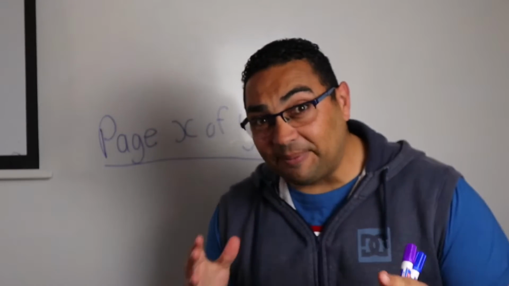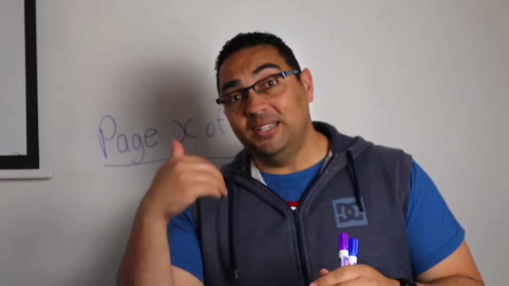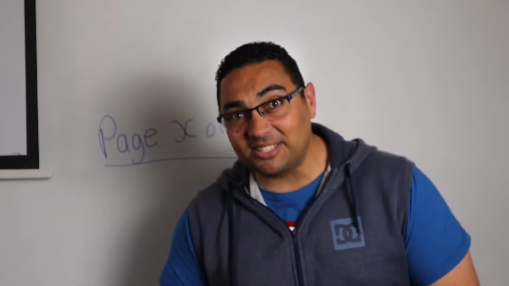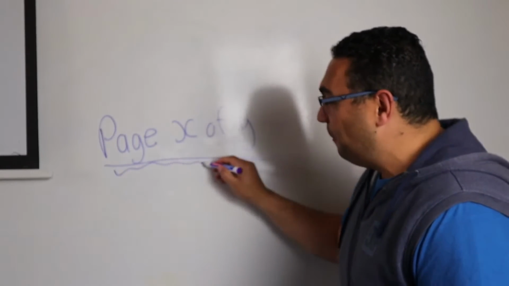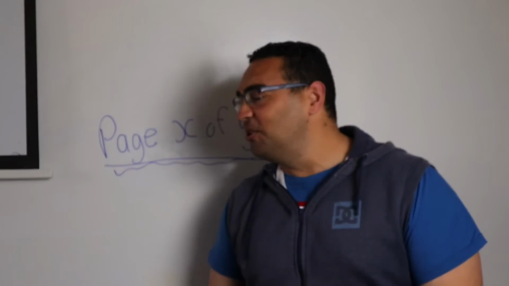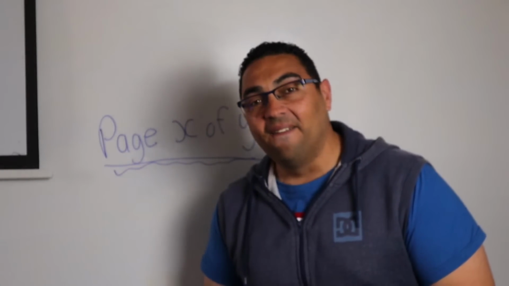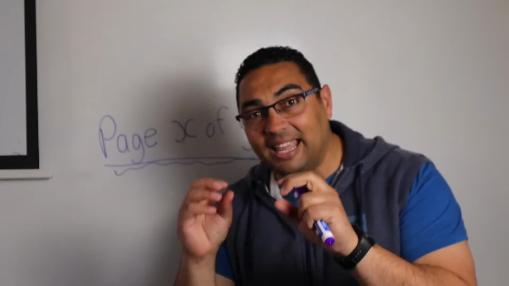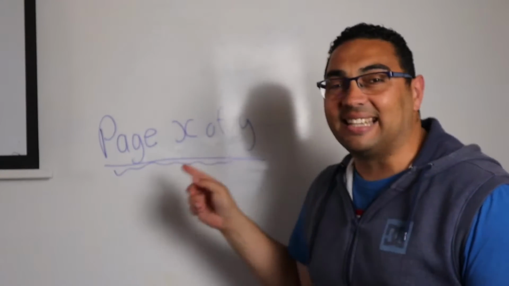Do you know what ends up happening? A lot of you insert page numbers, and at the bottom where the page number is, guess what I see? Page X of Y. That's not what they are saying, okay? They don't want to see page X of Y written in text there. We don't want to see this written.